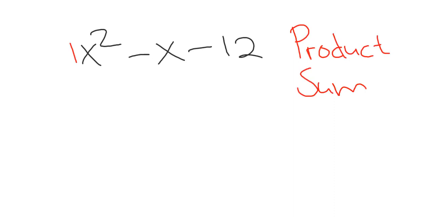The product sum rule says you are going to be interested in your c and you are going to be interested in your b.